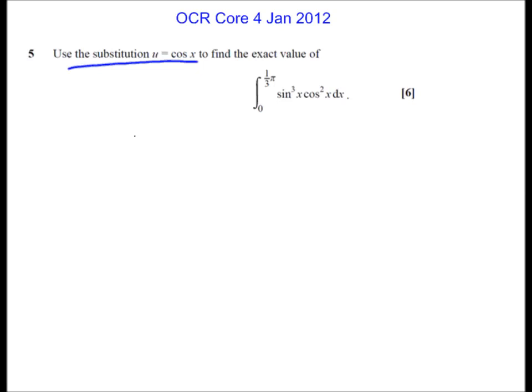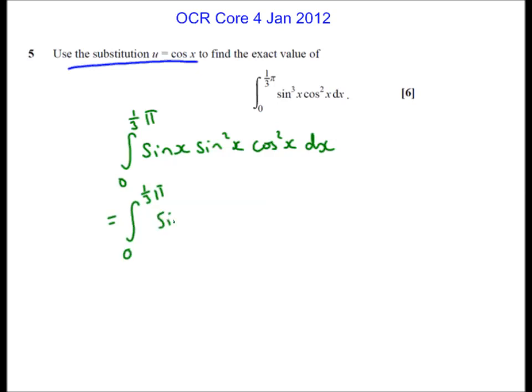So let's have a go at this. I'm going to do it by recognition, as I say. So what I'm going to do is change it so that we get sine x, sine squared x, cos squared x. And then, just like we did in the example earlier, I'm going to change my sine squared x to 1 minus cos squared x, and I still have my cos squared x dx.